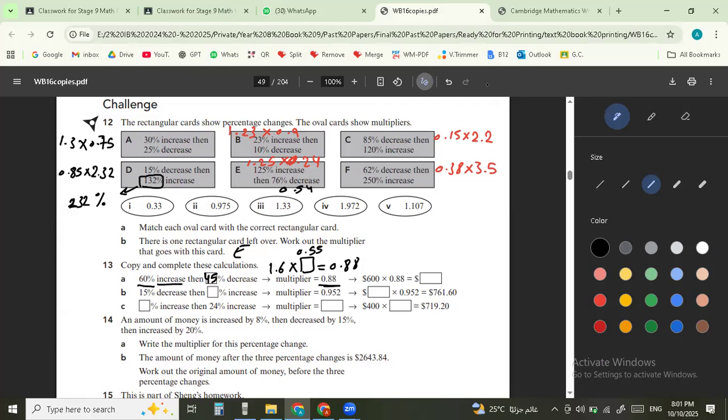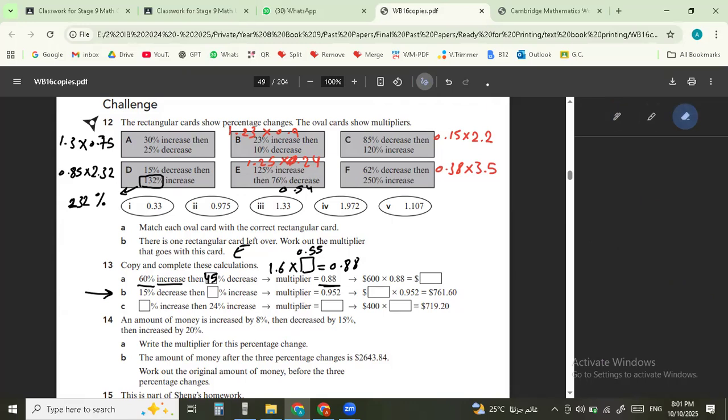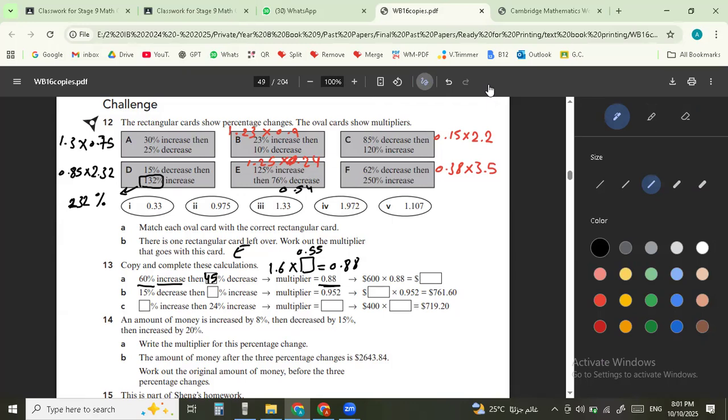Again, how did we find the 0.55? Let's try it with the second question, in a different color, red. A 15% decrease means 85%, which is 0.85. Perfect.